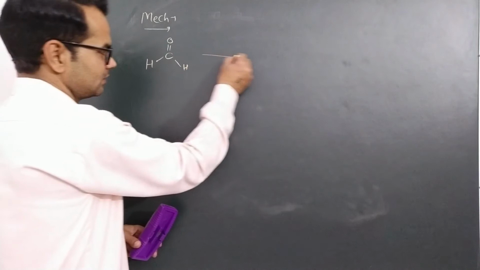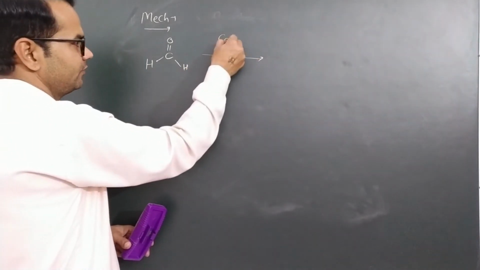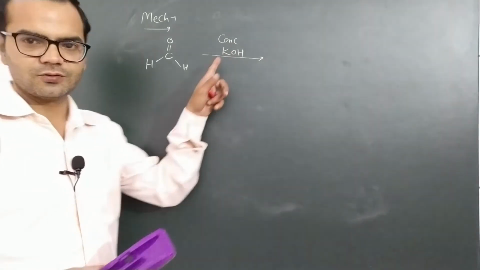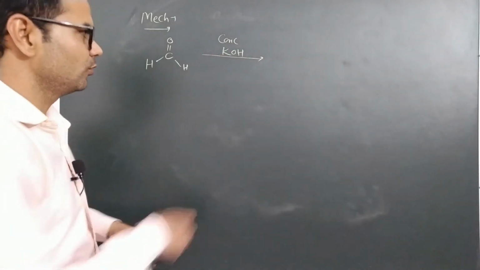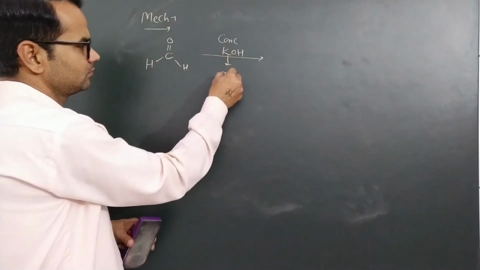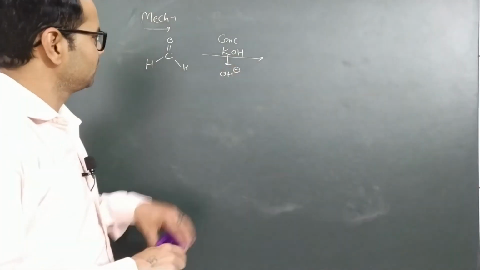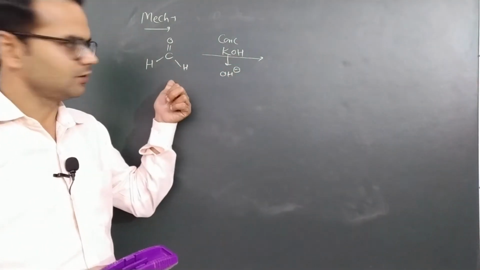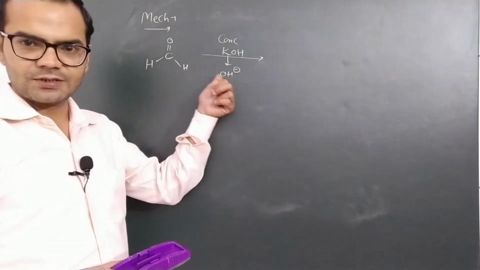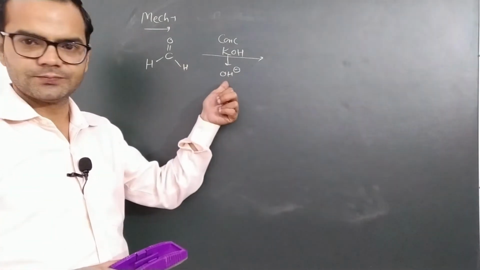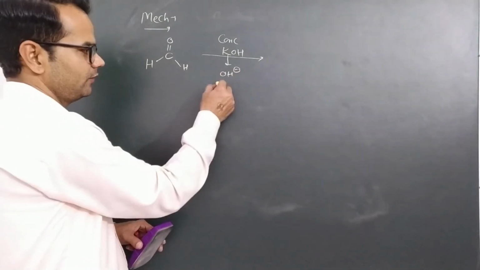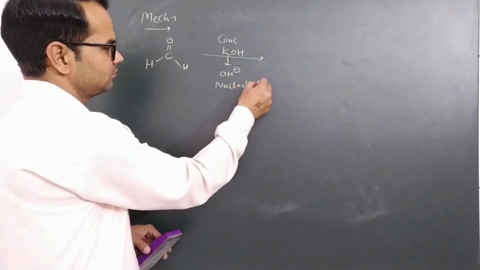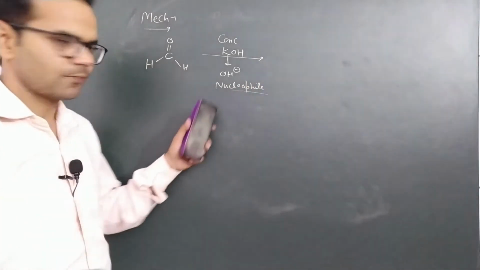The reaction starts in basic medium, and we have concentrated KOH, so this will give OH ion. Now we do not have any acidic hydrogen in formaldehyde, so it will not abstract any hydrogen, so the hydroxide ion will act as a nucleophile.